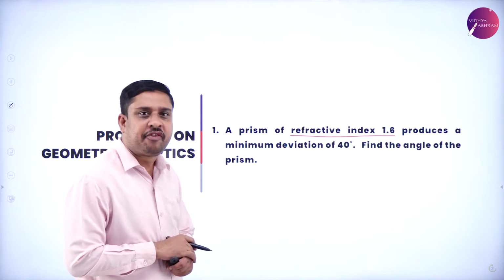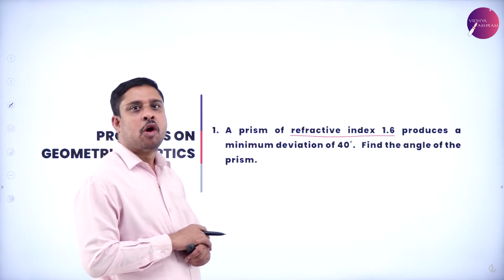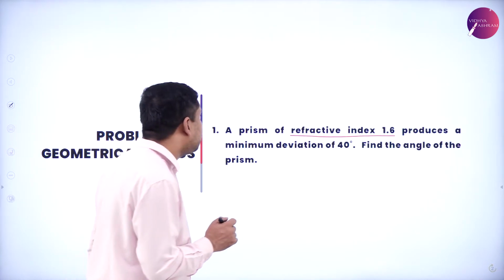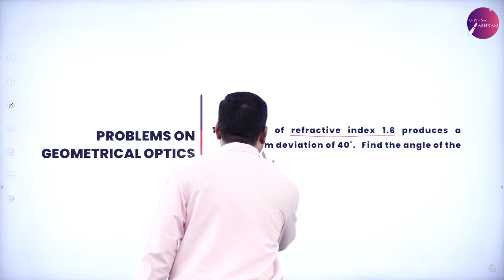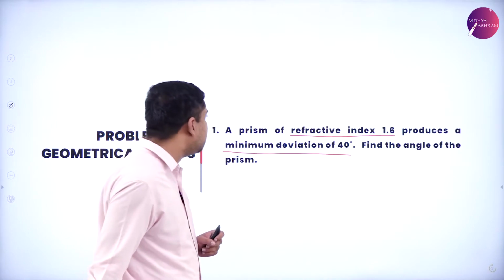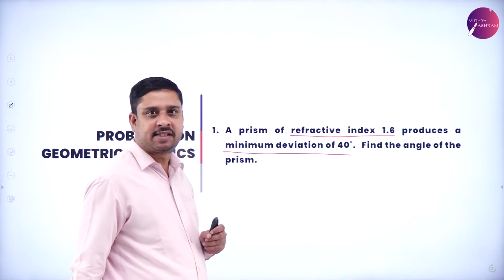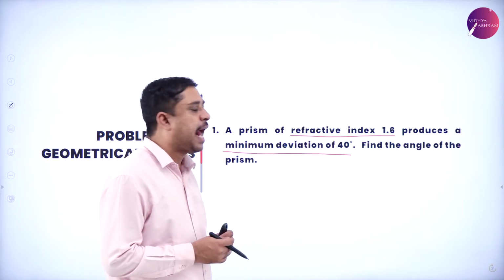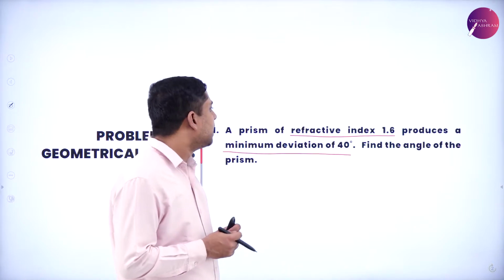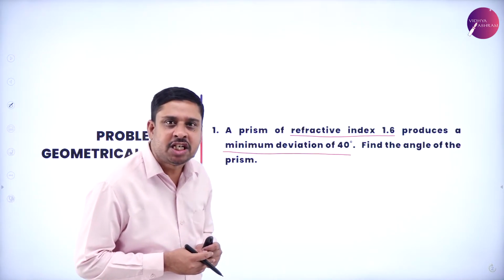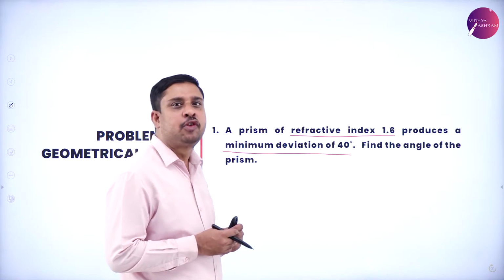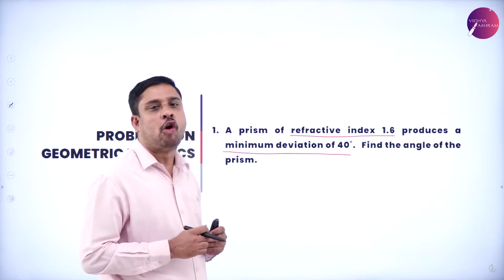So the refractive index of the prism is given, and it produces a minimum deviation of 40 degrees. I have to find the angle of the prism.